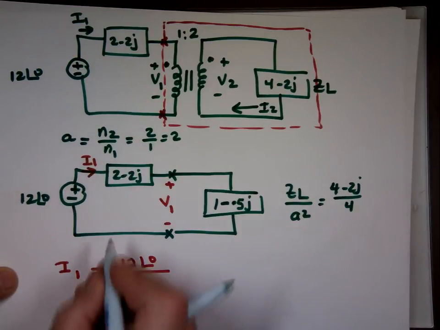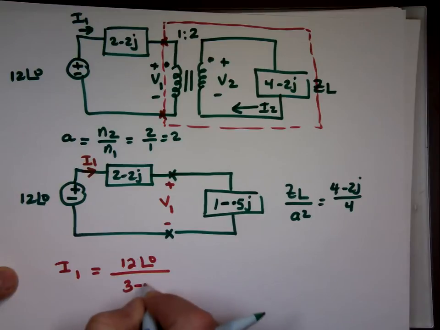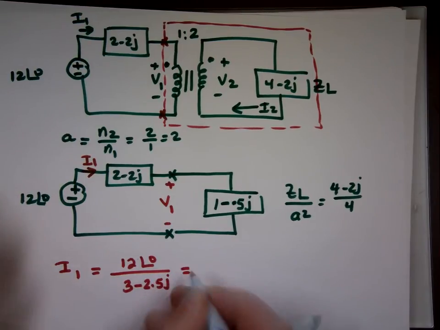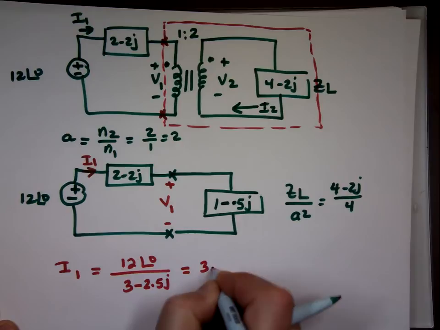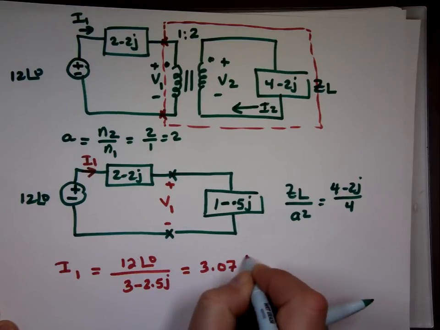So that'll be 3 minus what? 2.5j. And let's see if that's the answer. 12 divided by 3 minus 2.5j. And I came up with an answer, 3.07 angle 39.8.